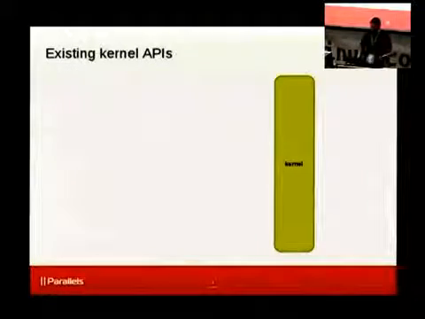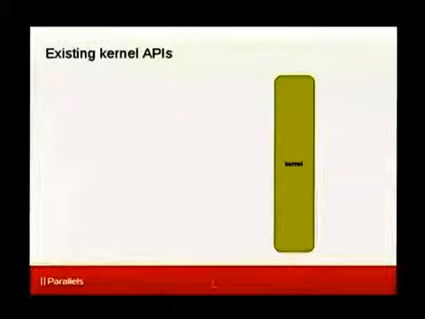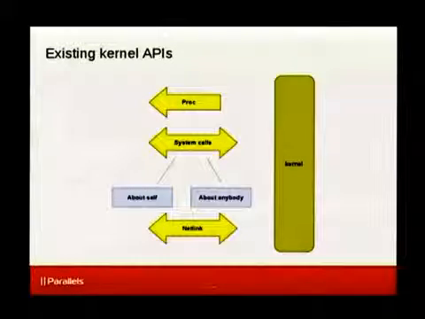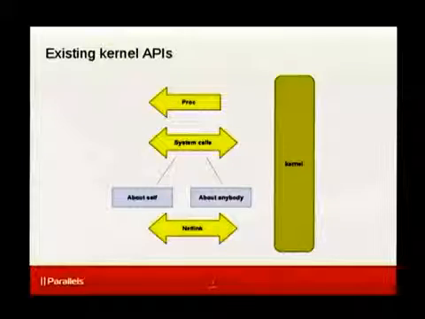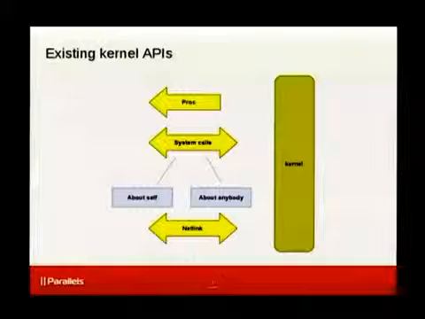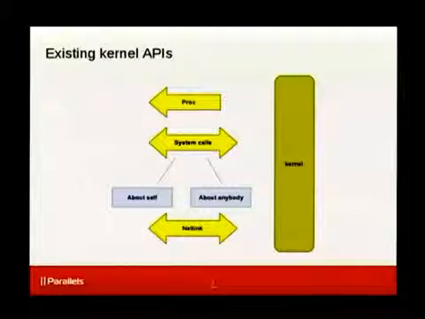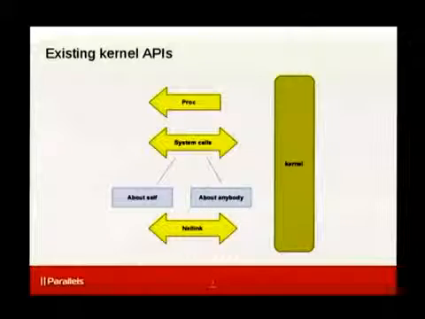So with this, we started looking at what APIs the kernel provides. It can be very roughly divided into three big types of API. First, the proc file system, which provides a lot of information about application state, about its resources, and similar things. Second, the whole set of system calls, which is important. I'll get back to this later.